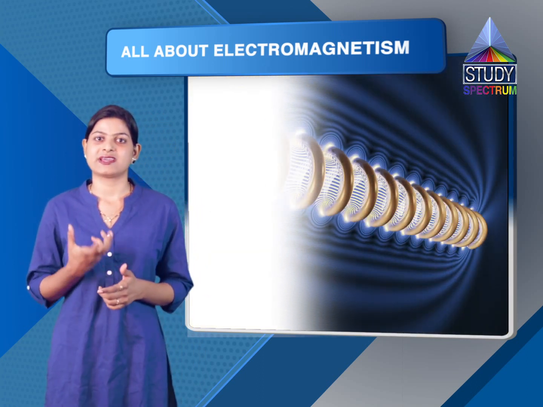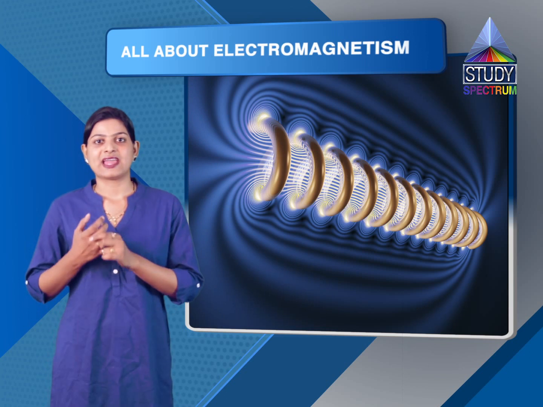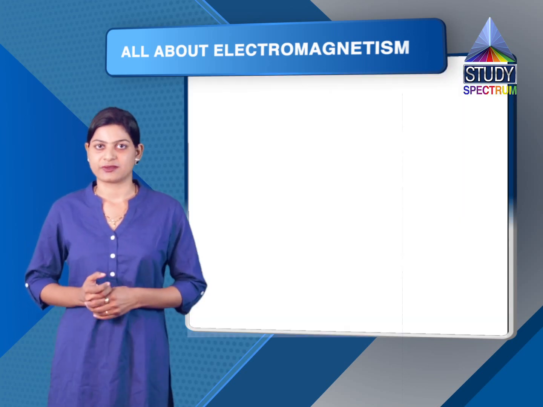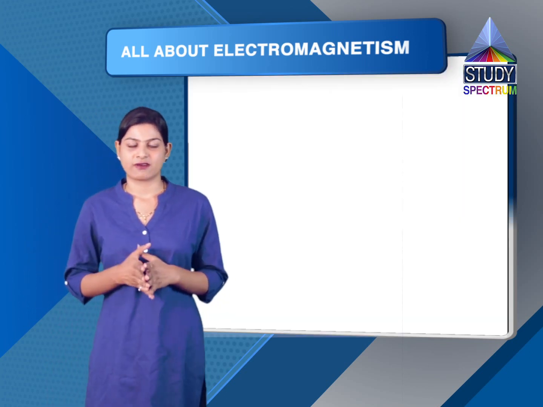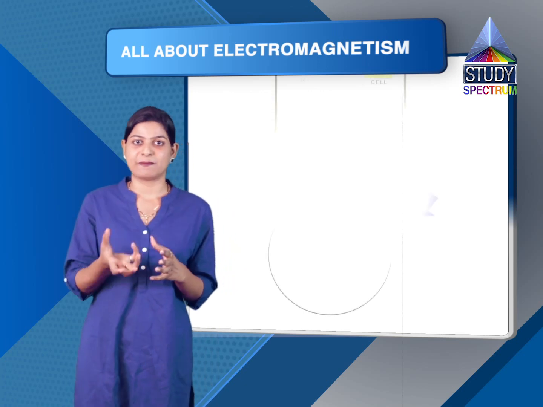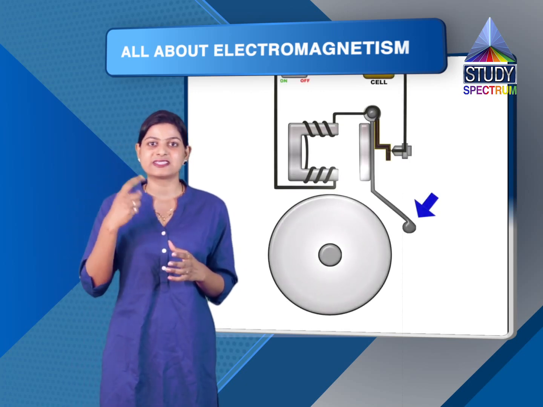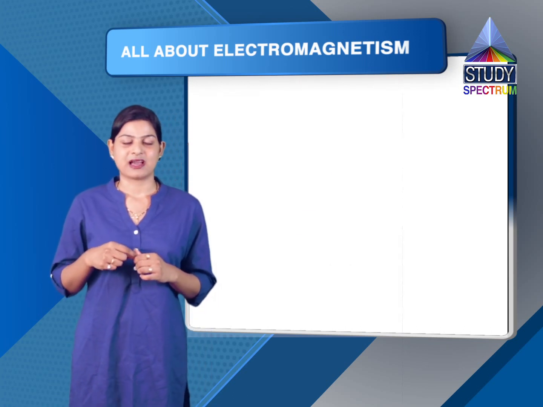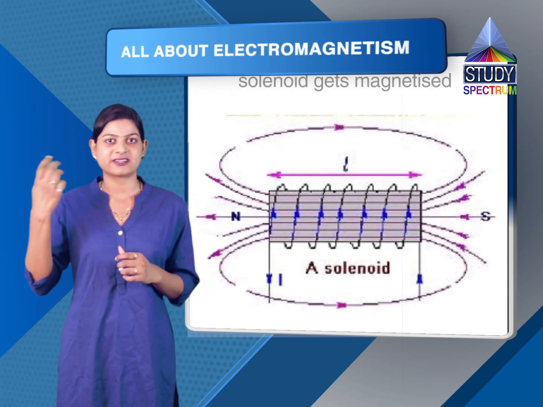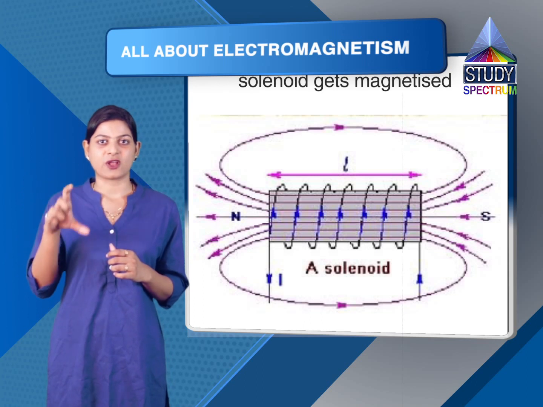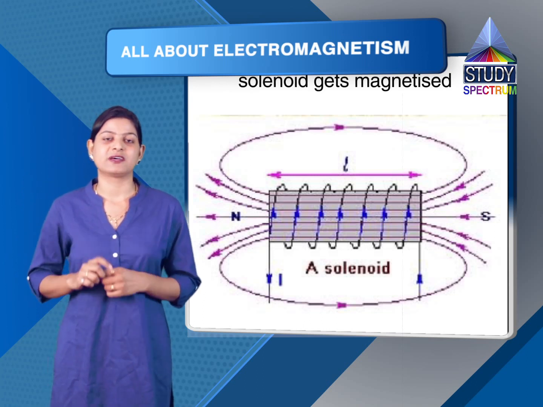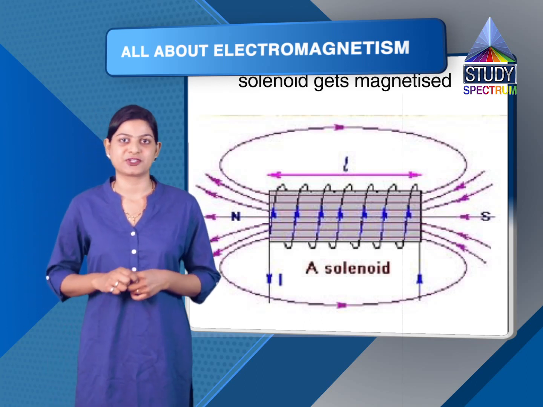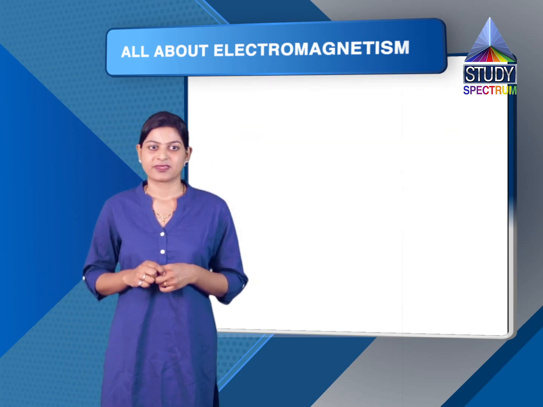So a solenoid is the best example of electromagnetic induction. In the electric bell, when current is supplied, it flows through the solenoid. As the current continues, the solenoid gets magnetized because of the magnetic field and the concept of electromagnetic induction.